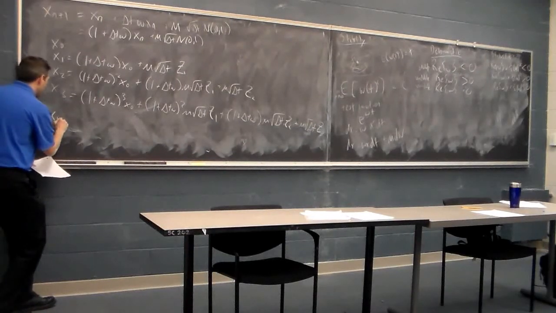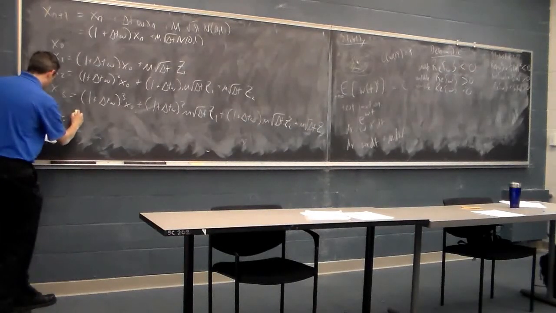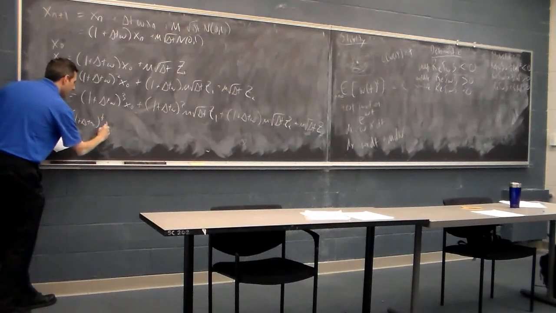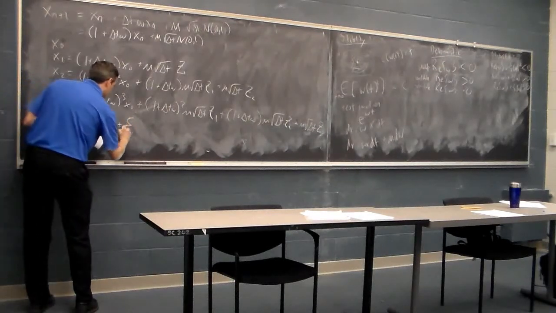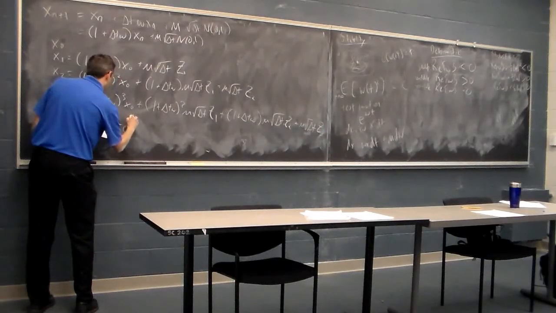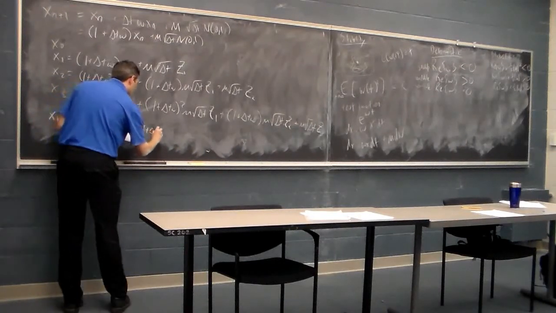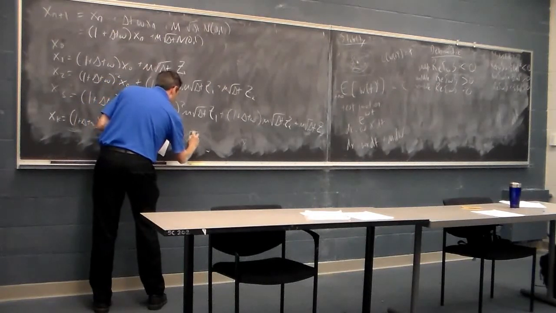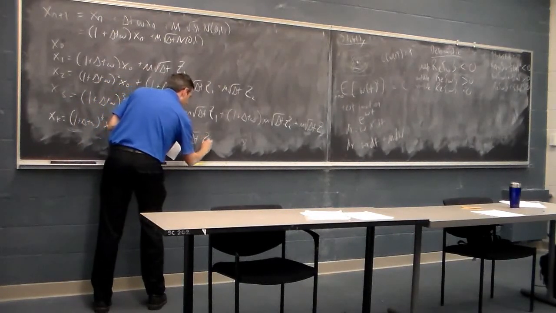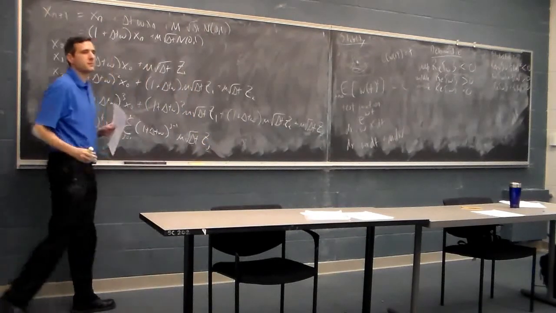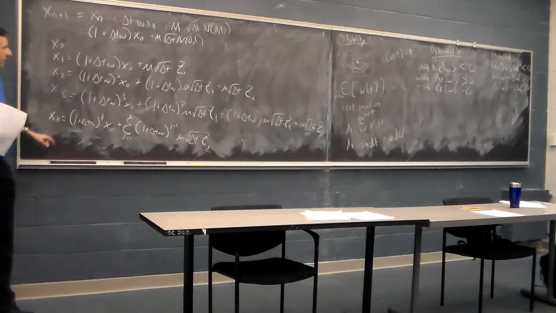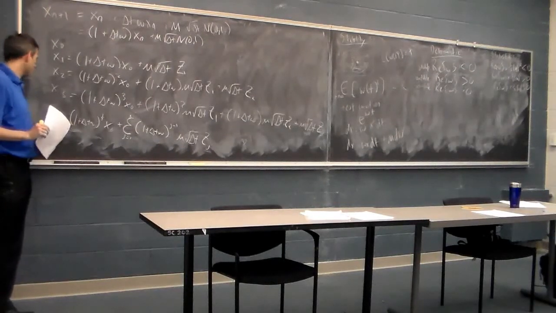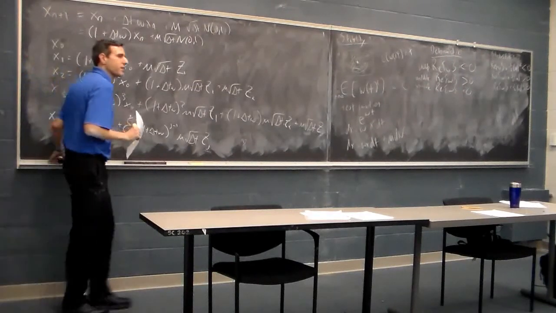In general, at the kth step, x of k is going to be equal to 1 plus delta t omega to the k, x sub 0, plus the sum from j equals 1 to k of 1 plus delta t omega to the j minus 1, mu square root of delta t z sub j. And so this gives us a general statement of what the test function will look like after k steps of the Euler-Maruyama method.